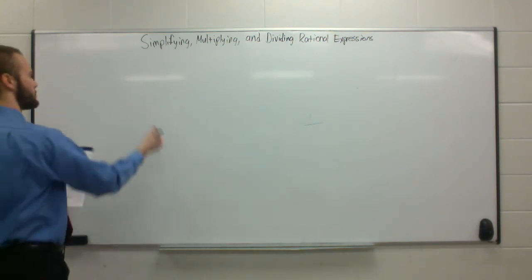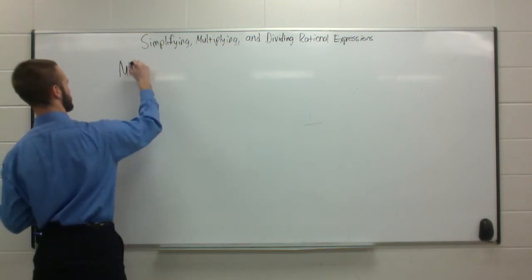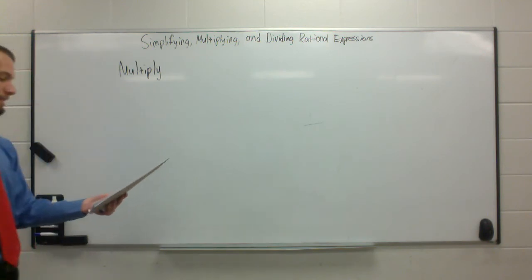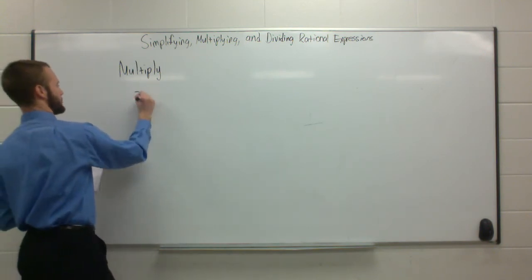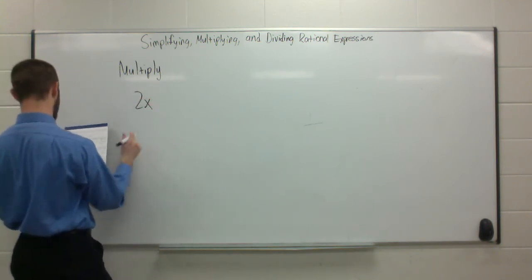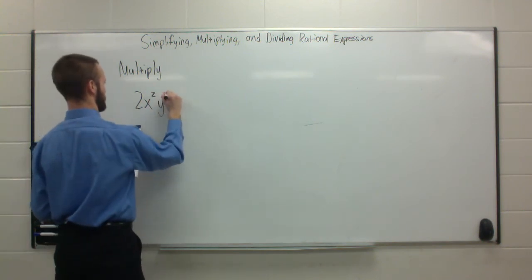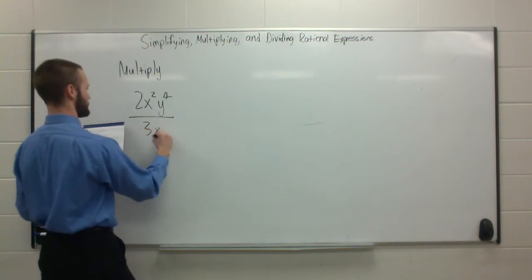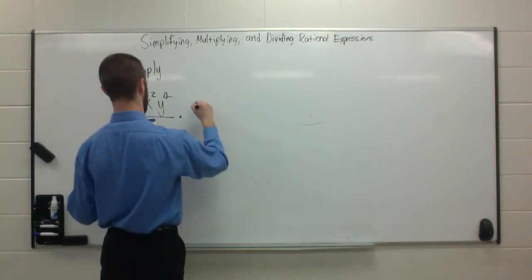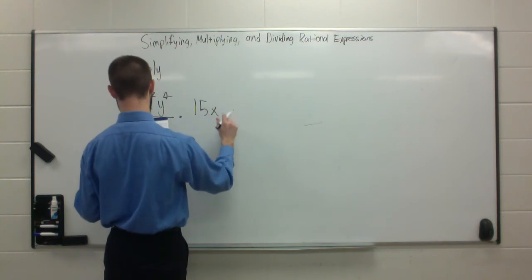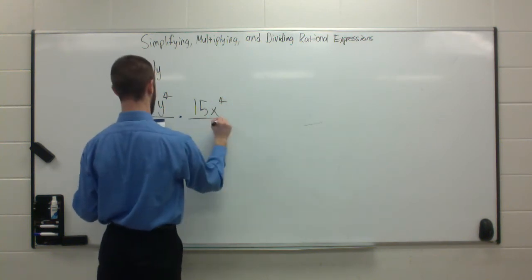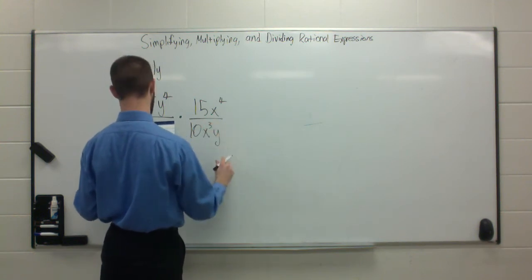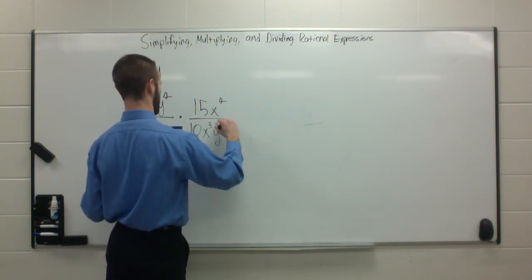So next thing we'll do is multiply two rational expressions. We're going to multiply them just like we multiply fractions. So let's say we have 2x squared y to the 4th over 3x times 15x to the 4th over 10x cubed y to the 5th.